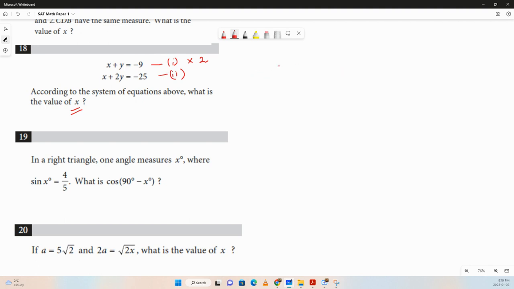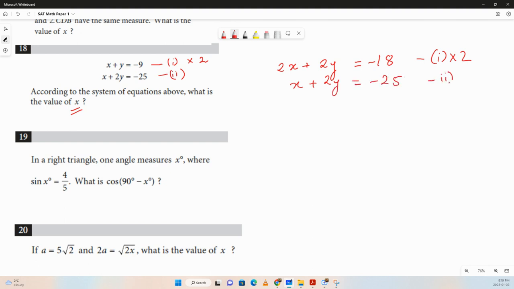So let's do that. Equation 1 times 2 is 2x plus 2y equals negative 18. That is equation 1 multiplied by 2. And then we have equation 2, which is x plus 2y equals negative 25.